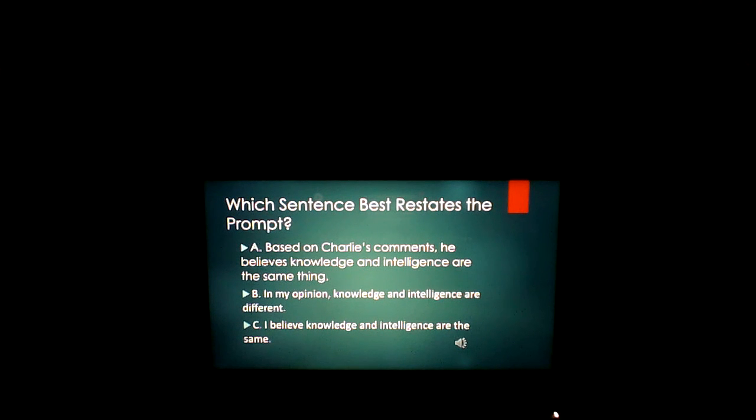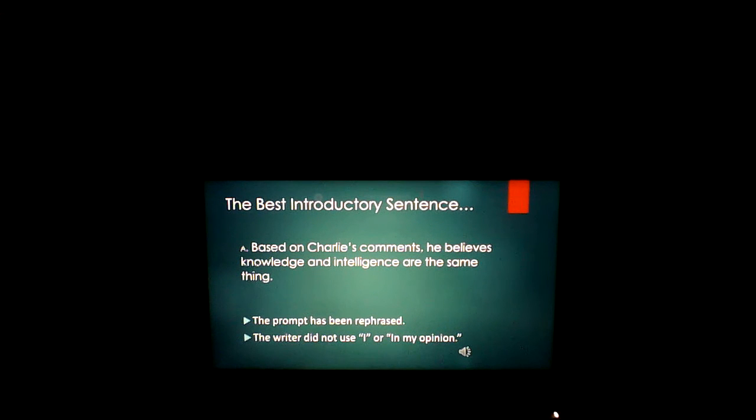Well, let's see what the author chose. All right, this author chose, based on Charlie's comments, he believes knowledge and intelligence are the same thing. Why is this the best introductory sentence? Because it clearly restates the prompt and it does not use I or in my opinion.